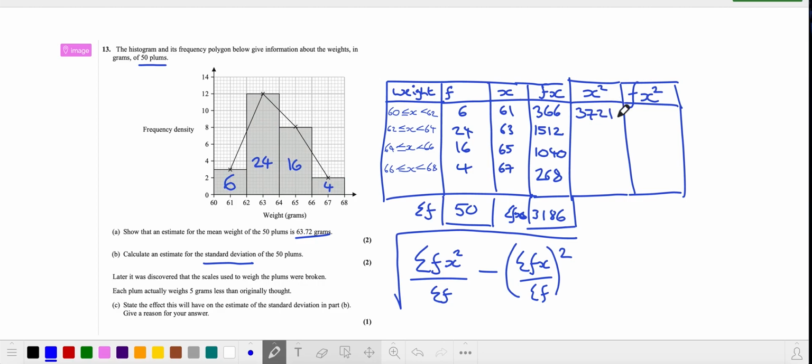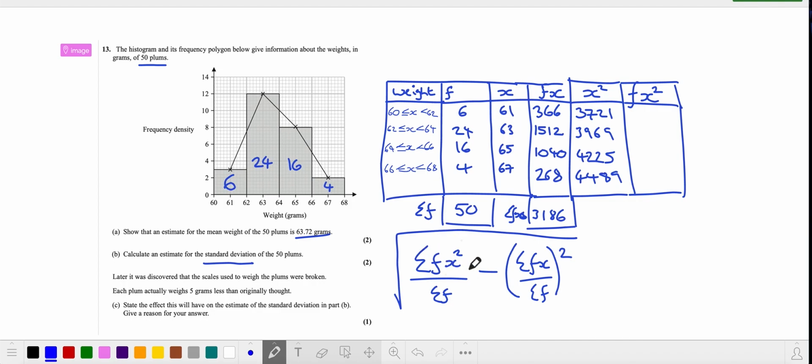X was 63 means x squared is 3,969. X was 65, x squared is 4,225. X was 67, x squared is 4,489.